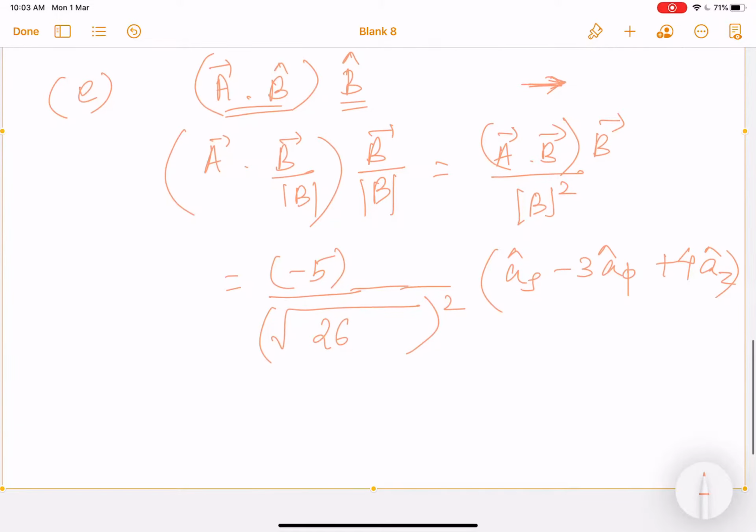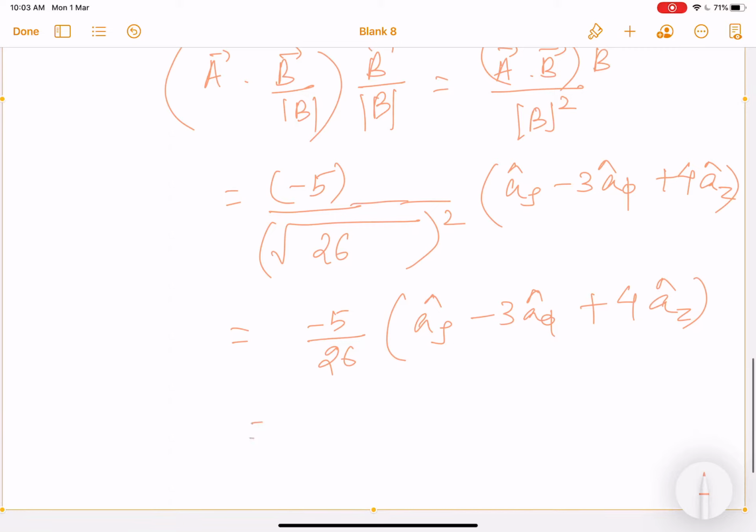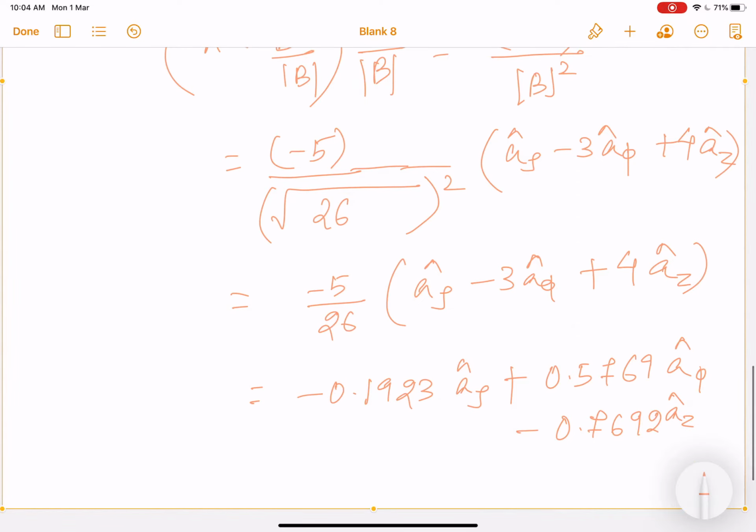So just put it in your calculator: minus 5 by 26, times a_rho minus 3 a_phi plus 4 a_z. If you put it in your calculators, you'll see you're getting minus 0.1923 a_rho, then plus 0.5769 a_phi, then the last term will be minus 0.7692 a_z. This is the answer that you'll be getting. Do check it out and tell me whether you're getting these answers or there is some variation. Okay, that's all for this video. Thank you.